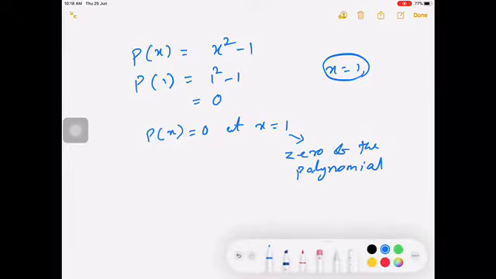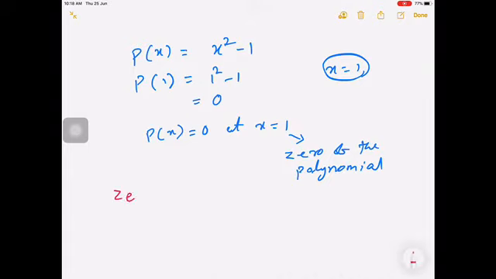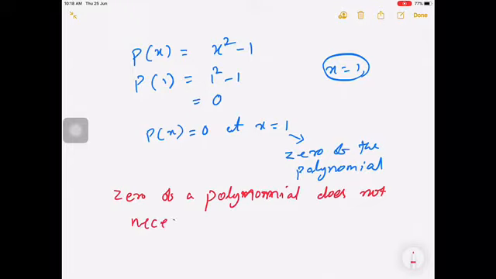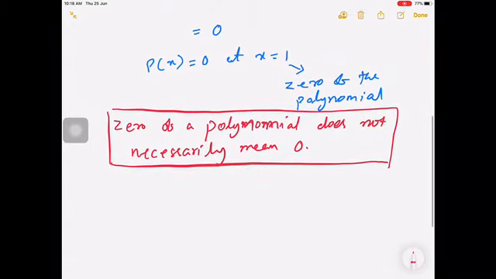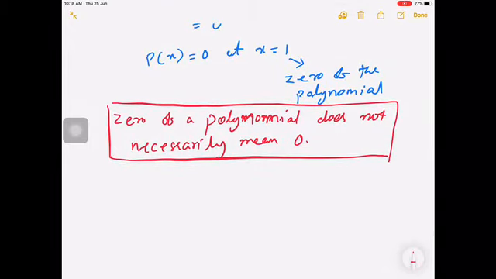This you should be very much clear about, that zero of a polynomial does not necessarily mean 0. Okay. You have to remember this: saying zero of a polynomial does not mean it is 0. Okay, zero of the polynomial means the value of x when the value of the polynomial becomes 0.